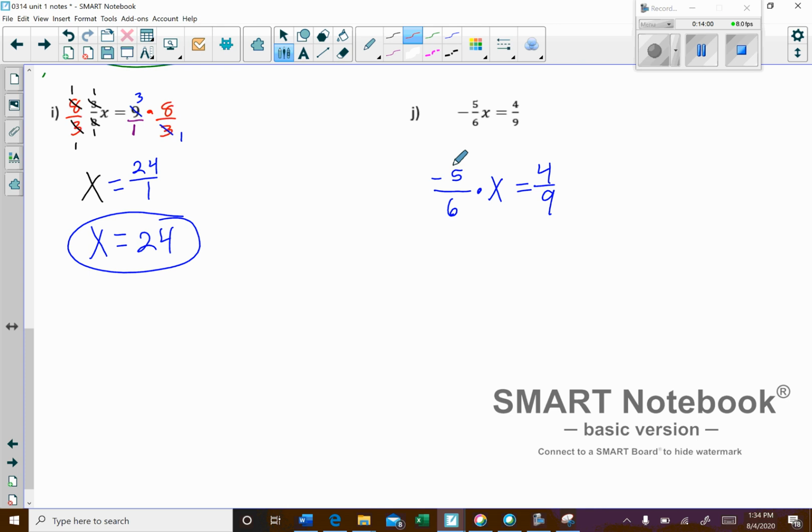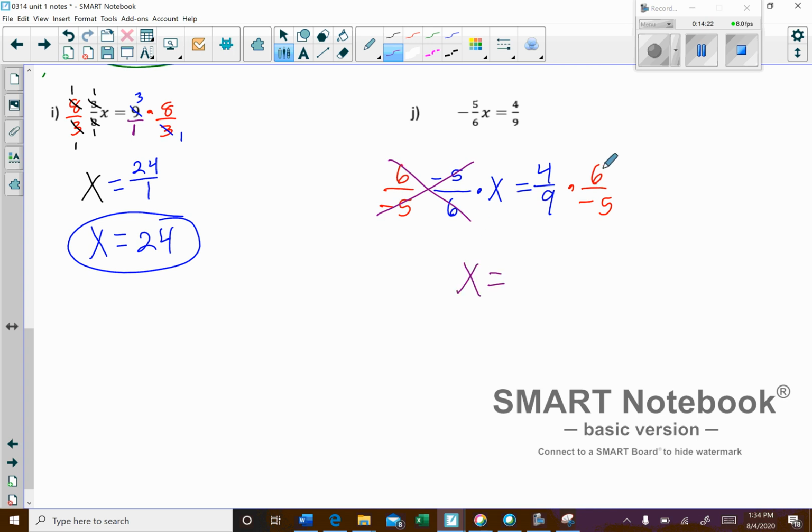So we'll multiply both sides by the reciprocal right here. We're going to multiply both sides by 6 over -5. Okay. So on the left side, the 6's cancel, the -5's cancel. So I'm left with a 1x, or just x.